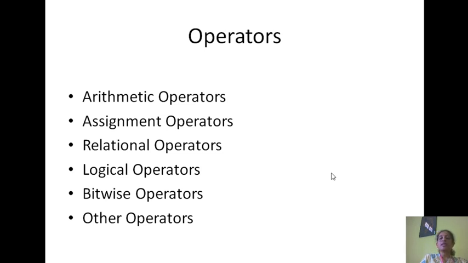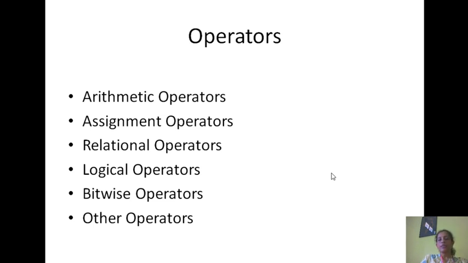In an arithmetic expression, suppose we have to add two numbers, then we use an arithmetic operation, and to represent it we can write a plus b or p plus q. So this plus is used as an arithmetic operator because a plus b represents one arithmetic expression.